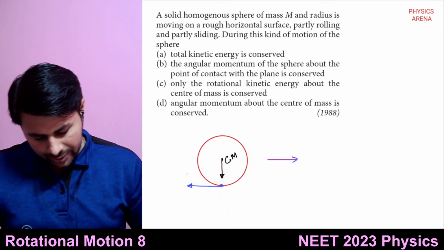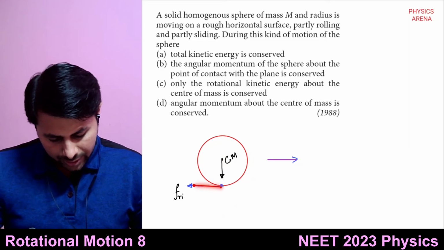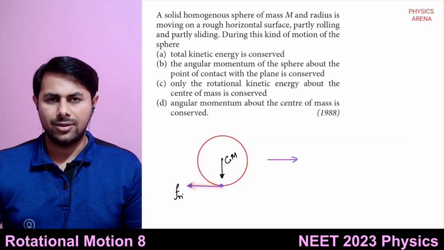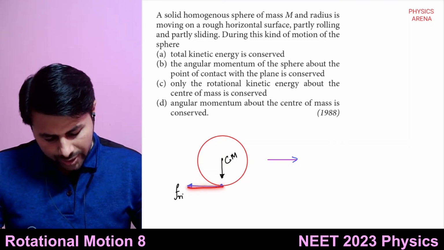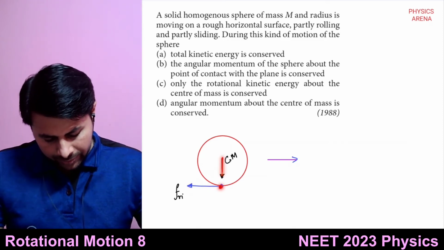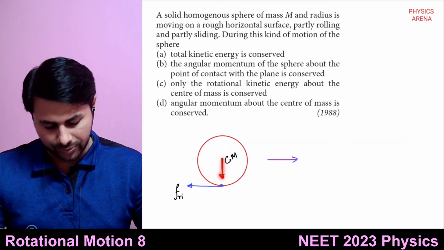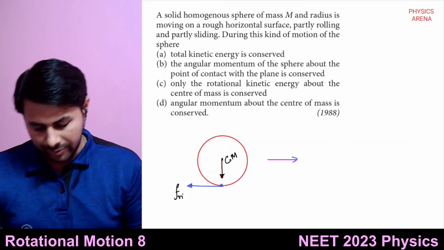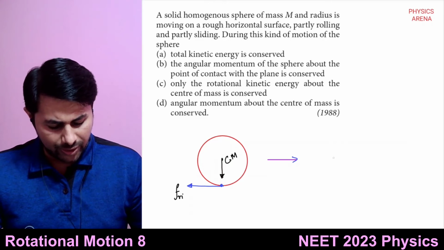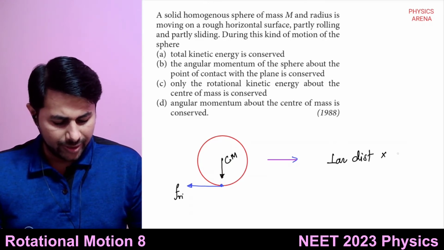And the frictional force also acts like this. So there will be no torque due to the frictional force about this point, and also no torque because of the gravitational force. Why? Torque is equal to what? It is perpendicular distance multiplied by force.